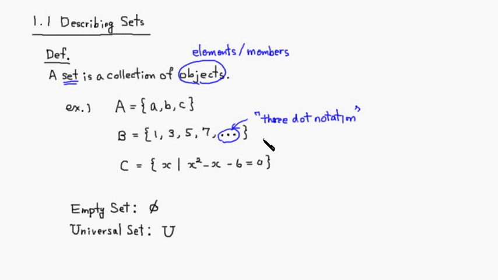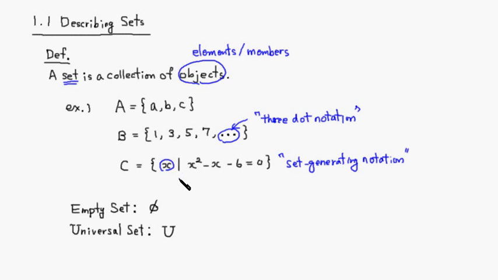All right, and another way to describe a set is called the set generating notation. So this one basically has an element x, then this vertical bar.